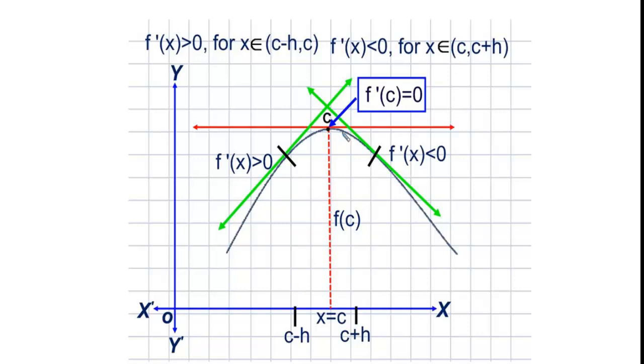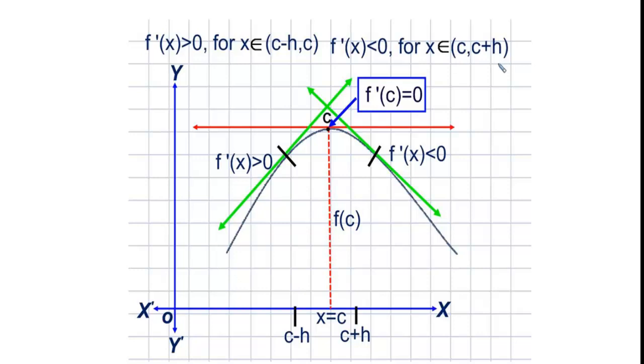Again, we find that as the function is decreasing, the slope is showing a negative sign. That is, f dash x is less than 0. Therefore, f dash x is less than 0 for x belonging to (c, c plus h).